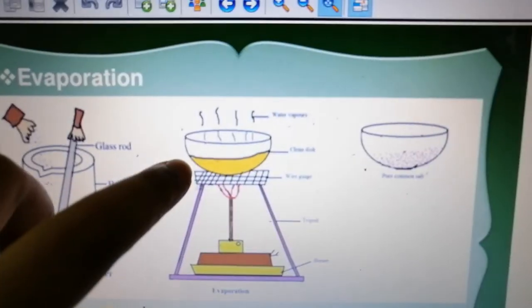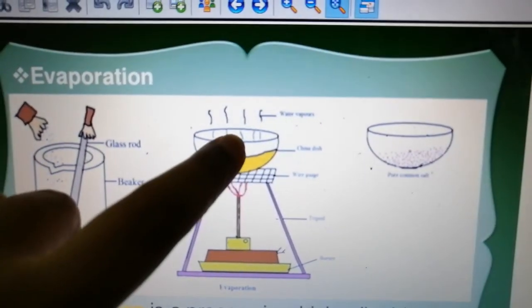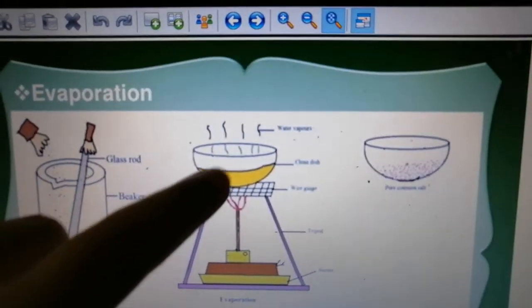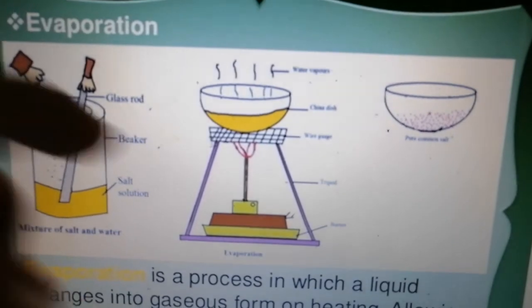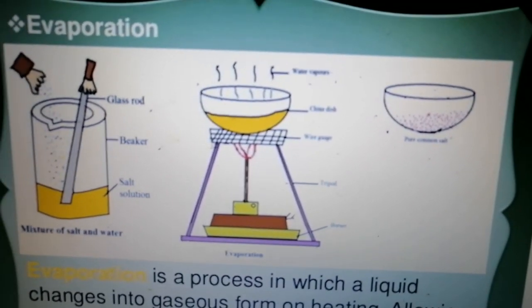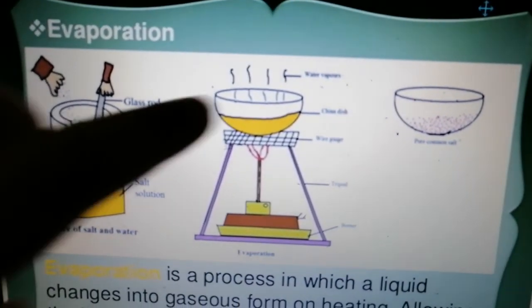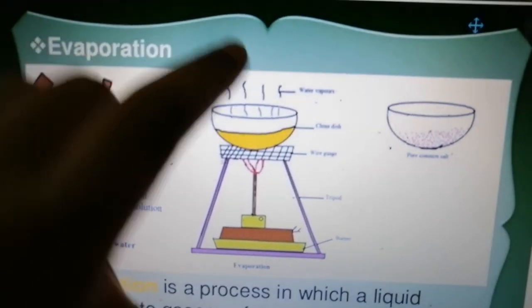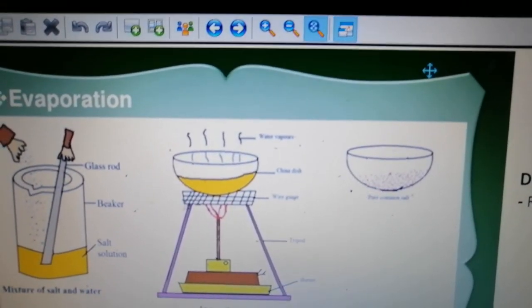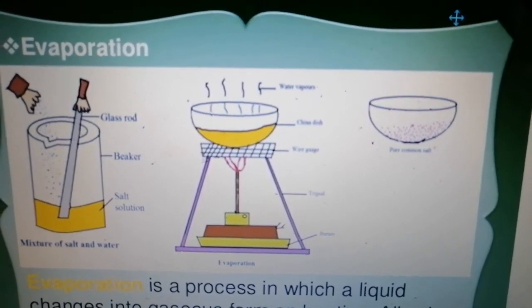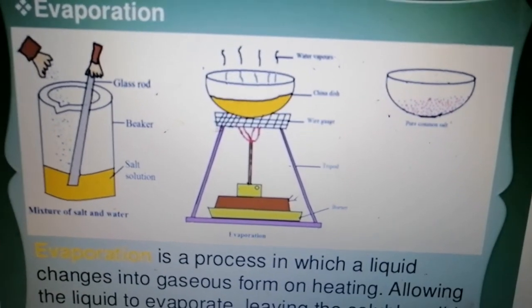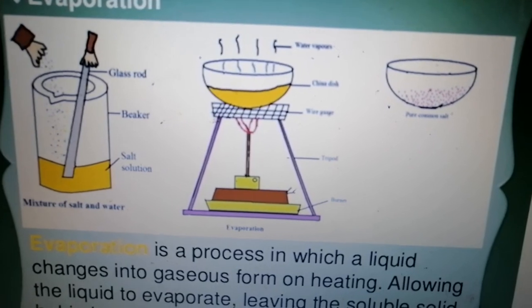Here is the liquid, the salt solution just now. When the liquid changes into gas, we call this the evaporation process. Later the water will evaporate, leaving just the salt. Understand? This is how you separate the mixture by using evaporation.